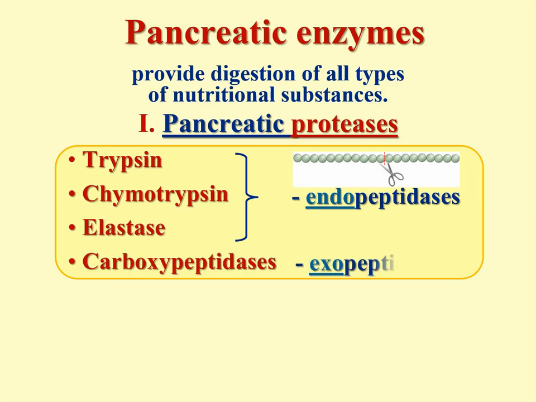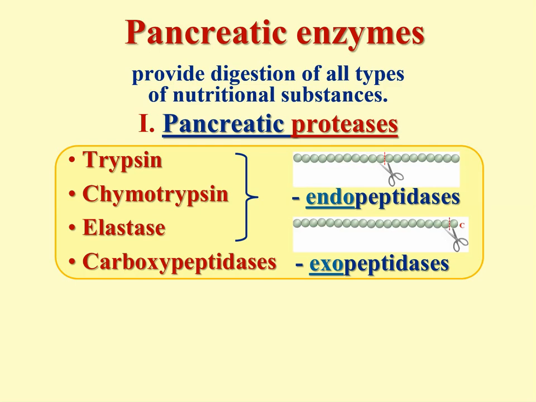There are some more: carboxypeptidases. Carboxypeptidases cut off the end amino acids from the C end of the protein or peptide, and they are exopeptidases. So they produce just slightly smaller, negligibly smaller peptides, and amino acids.